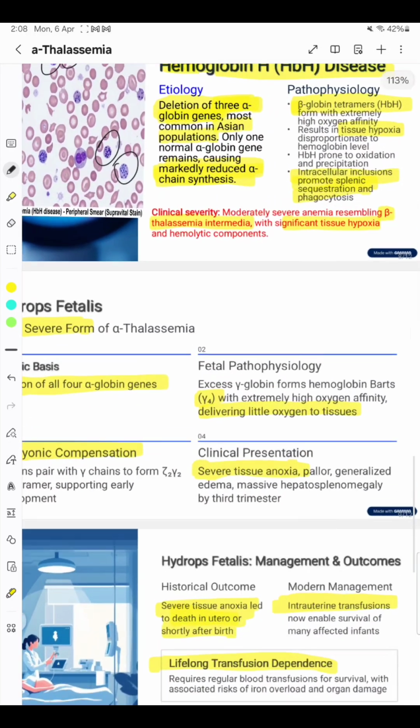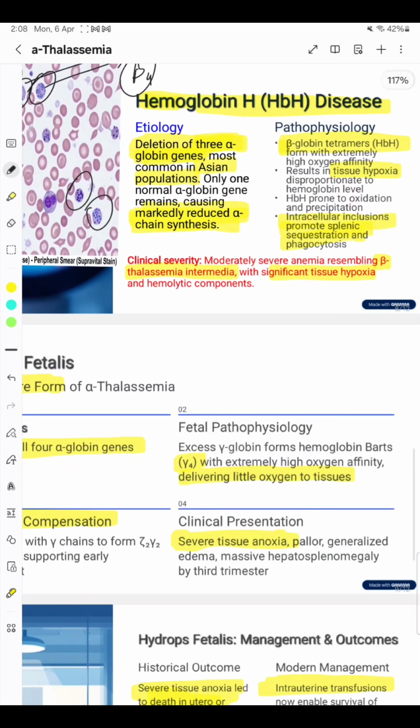As we have discussed, beta globin tetramers have high affinity for oxygen, so there is less oxygen available for the tissue, and this results in tissue hypoxia. And these intracellular inclusions of the RBC promote splenic sequestration and phagocytosis.